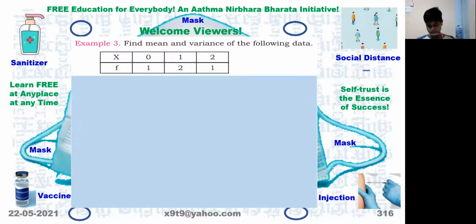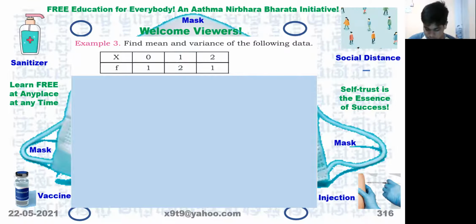First, we should write X, then F, then X square, then F into X, then F into X square, then variance and standard deviation.